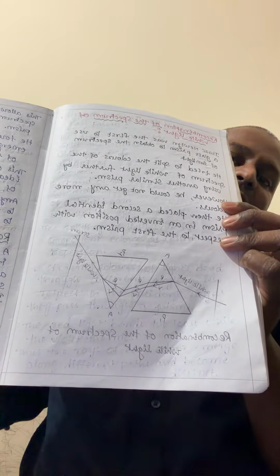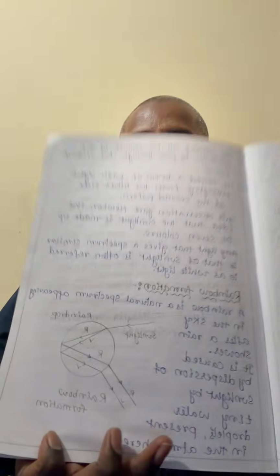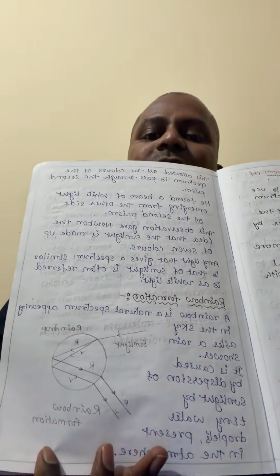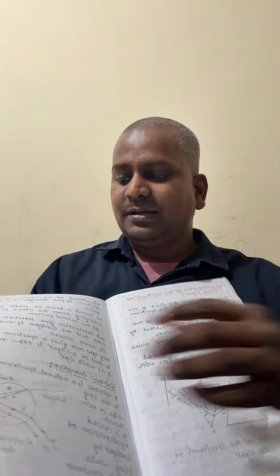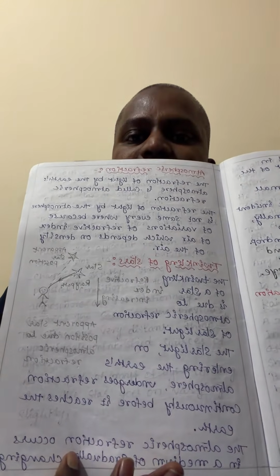Here also recombination of the spectrum of white light, and rainbow formation by a water drop. Then rainbow formation and atmospheric refraction, twinkling of stars, and why planets are not twinkling.